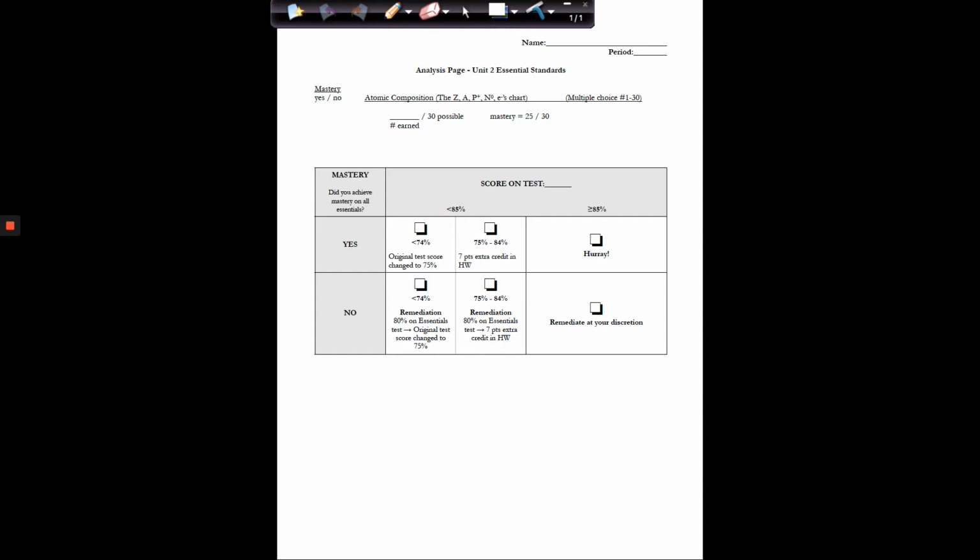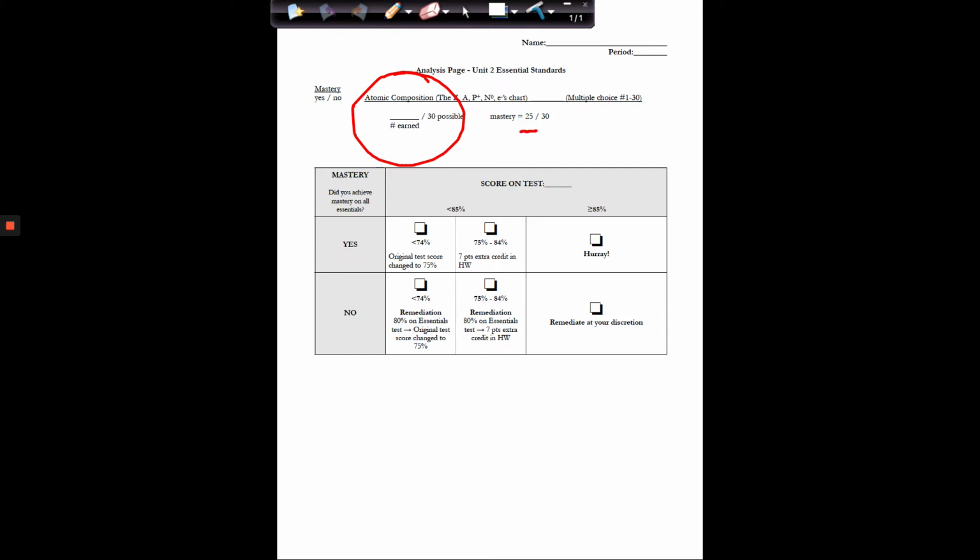Let's talk about how. So, guys, here's what I need you to do. Looking on your bubble sheet, please write down the number of questions that you got correct out of 30 on questions 1 through 30. You'll know the ones that are wrong because there are correct answers printed next to them. Then, guys, this. Comparing against 25. 25 is the mastery cutoff.